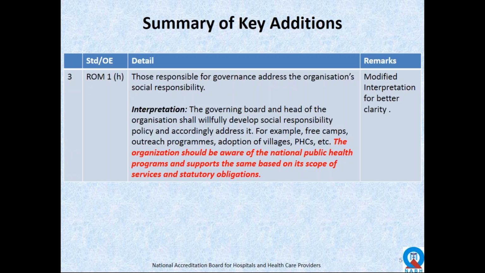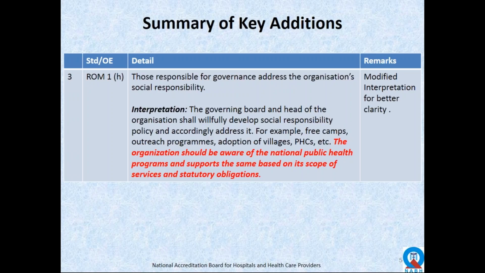These are the different programs, or several other programs, that the organization can support. And I think all of us will recollect the recent declaration by the government related to the National Dialysis Program, which will be soon launched in the country. So this particular element and interpretation talks about supporting the national health programs.